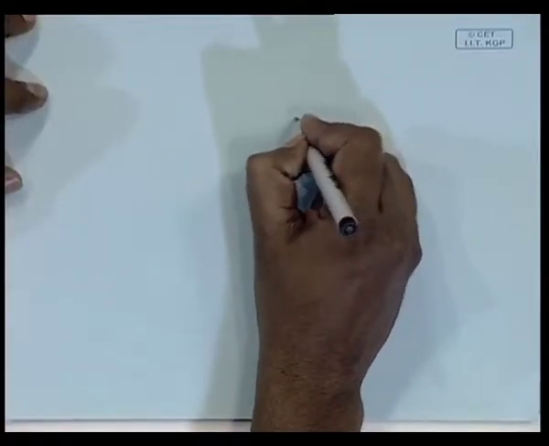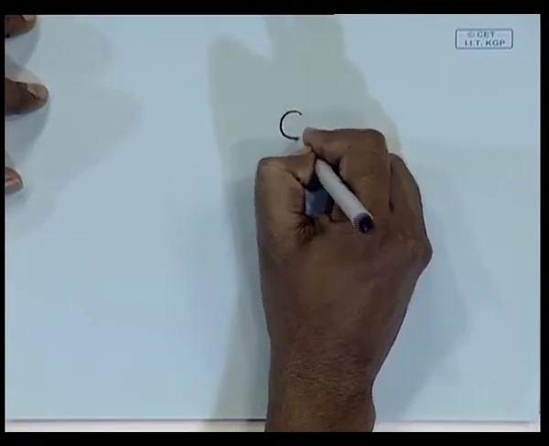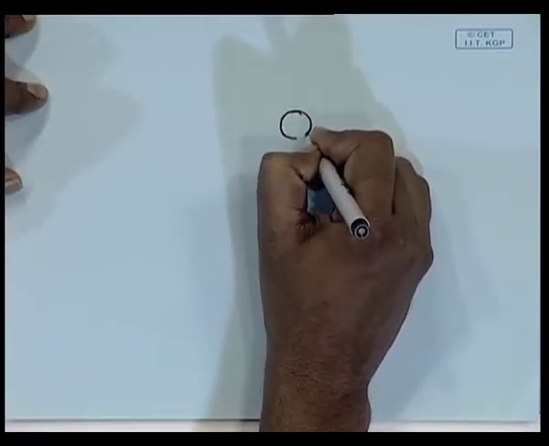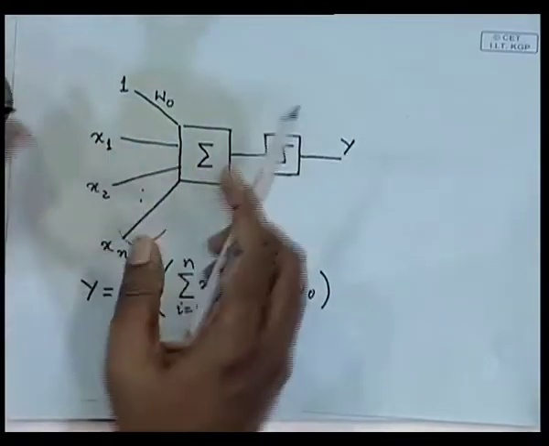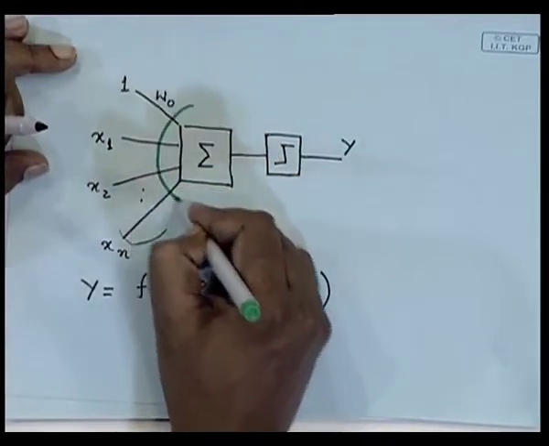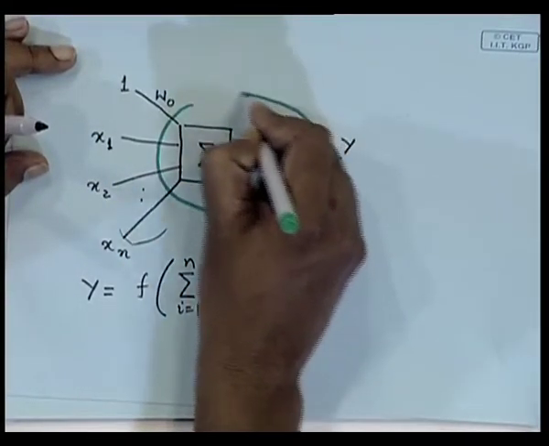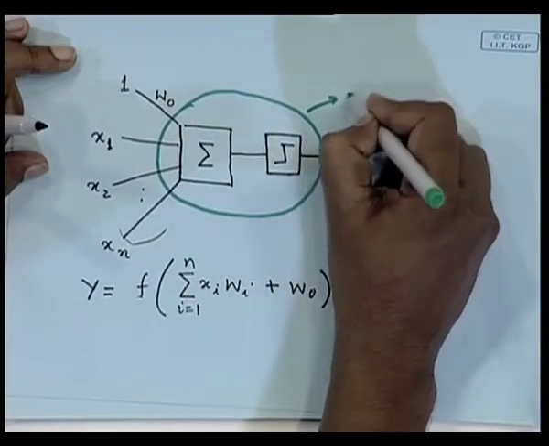In case of a single output single layer perceptron, the neural network is simply this. So now all this function we put in the form of a node, these two taken together can be represented by a node.